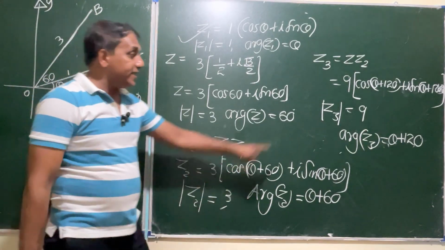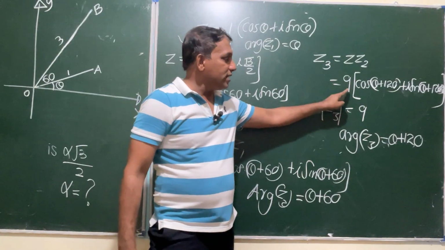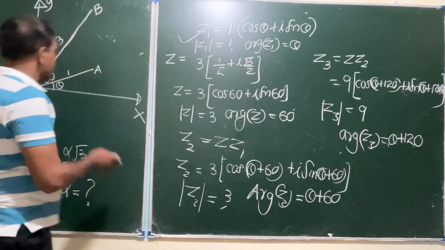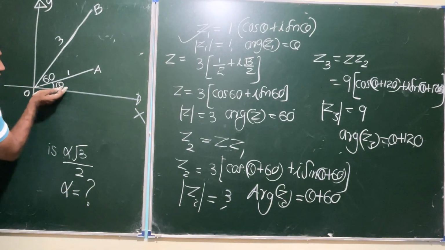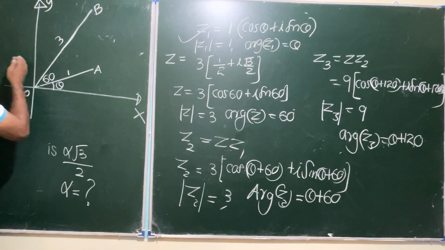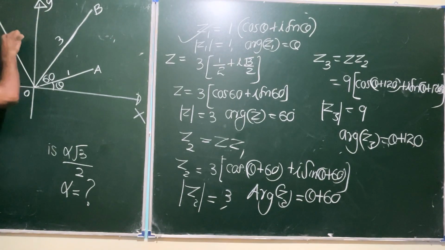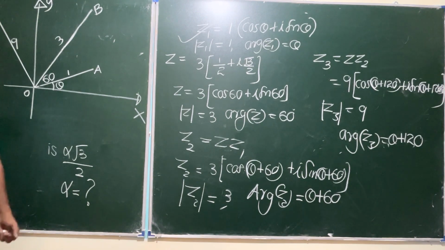Finally, the Z3 complex number has modulus 9 and argument theta plus 120. So here theta, 120, therefore maybe 9 units. This is C. Can you see these 3 points? 3 points, A, B, C here, right? Now you can make the quadrilateral if I complete the picture.